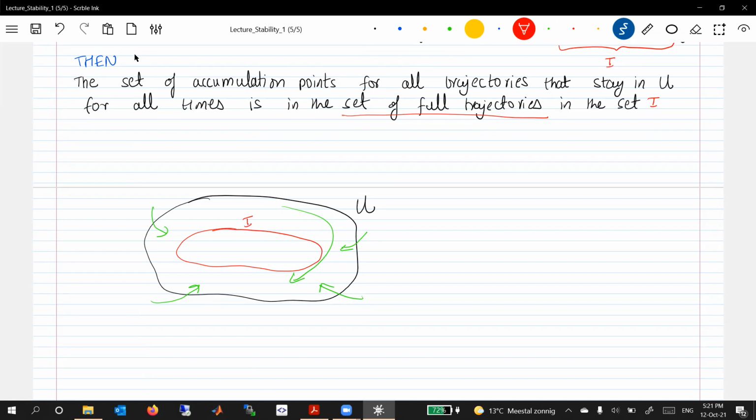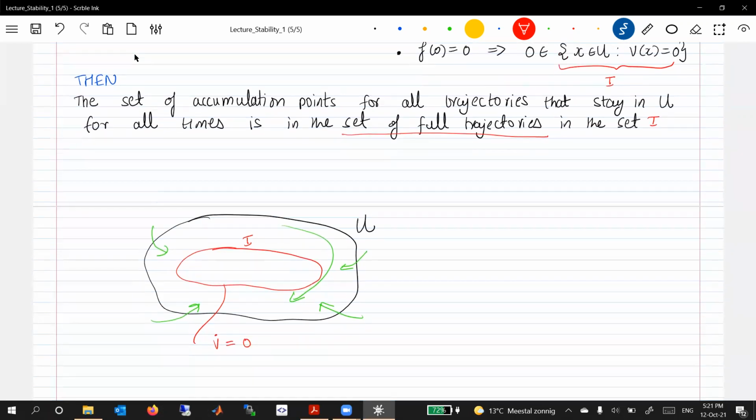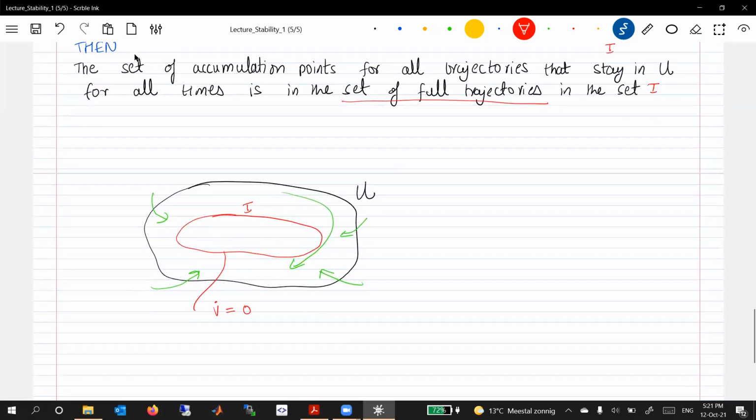And if this set contains, so this would be the set where V dot is 0, is vanishing. And if this set contains any full trajectories, say, of the dynamical system, right?